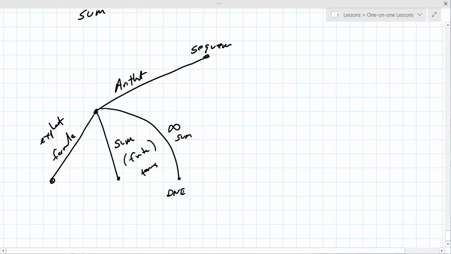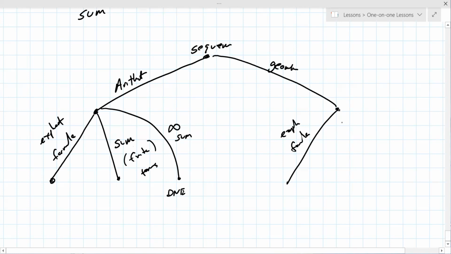Okay. But if you go down this path of, oh, I got a geometric sequence, well, what can you do with that? Well, you can write the explicit formula. Here, though, you actually can find a partial sum, meaning finite. And then in some cases, you can find an infinite sum.